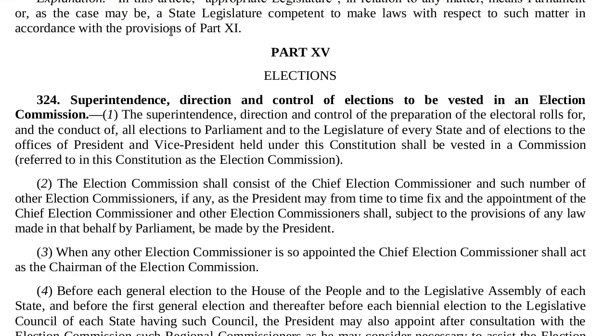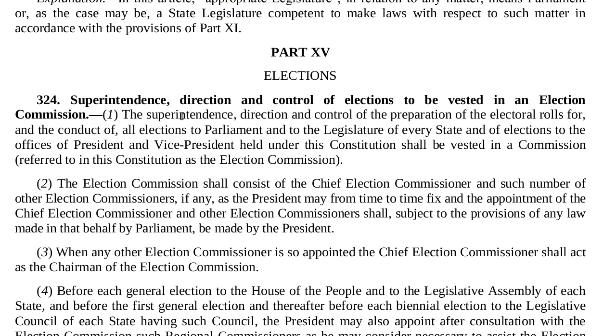The Constitution of India, Part 15, Elections. Article 324. Superintendence, direction and control of elections to be vested in an Election Commission. 1.